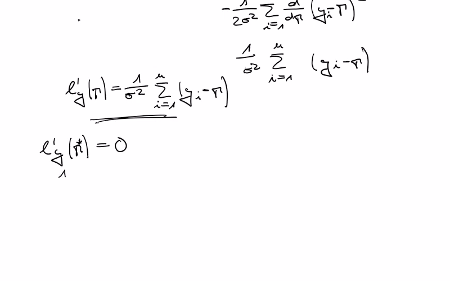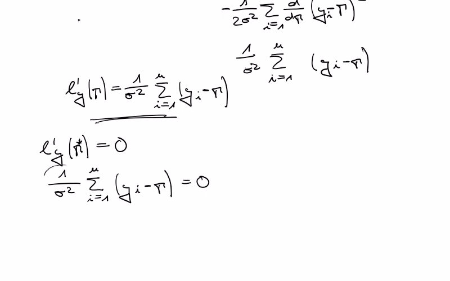So we are writing down what is also called the log likelihood equation. Setting the derivative of the likelihood or log likelihood function to 0 is called the log likelihood equation. So we're setting that to 0. Now we have two things here.